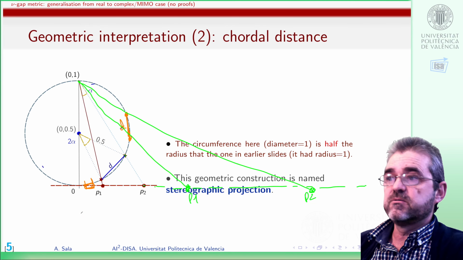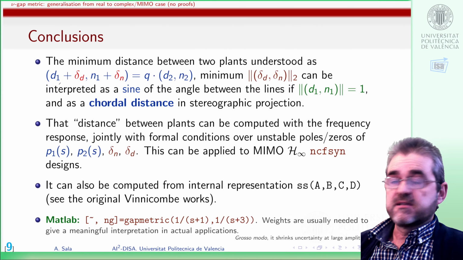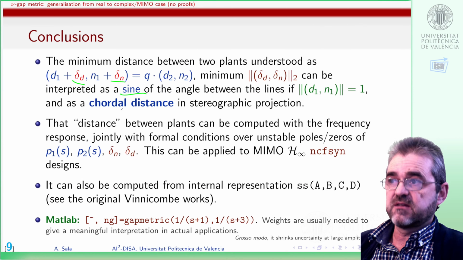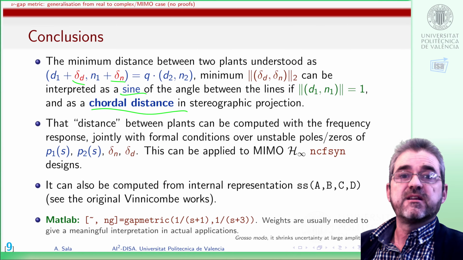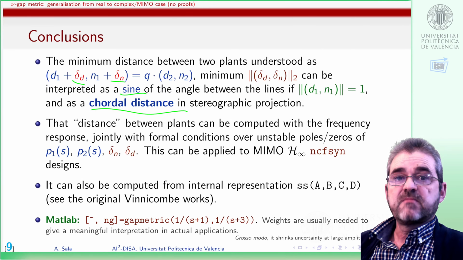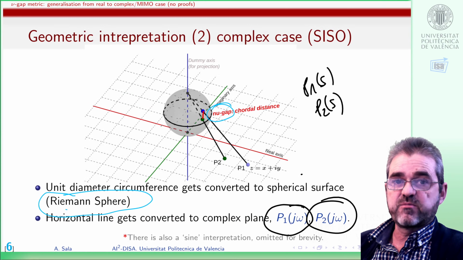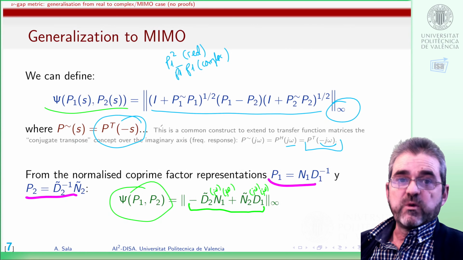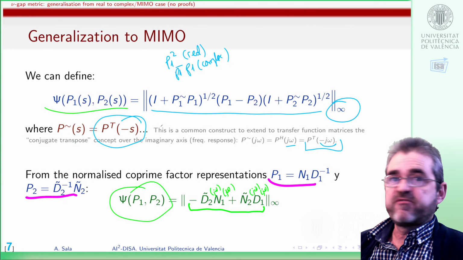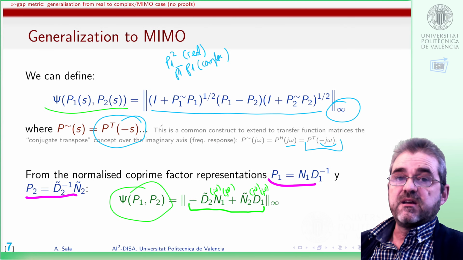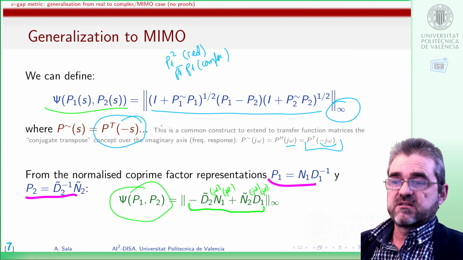Here, let's conclude. In the real case, the nu-gap can be interpreted as a sine or as a chordal distance in stereographic projection. The same interpretation can be extended to the complex plane and the 3D stereographic projection, and with suitable graph topologies and Hilbert spaces stuff, it can be extended to these formulas.